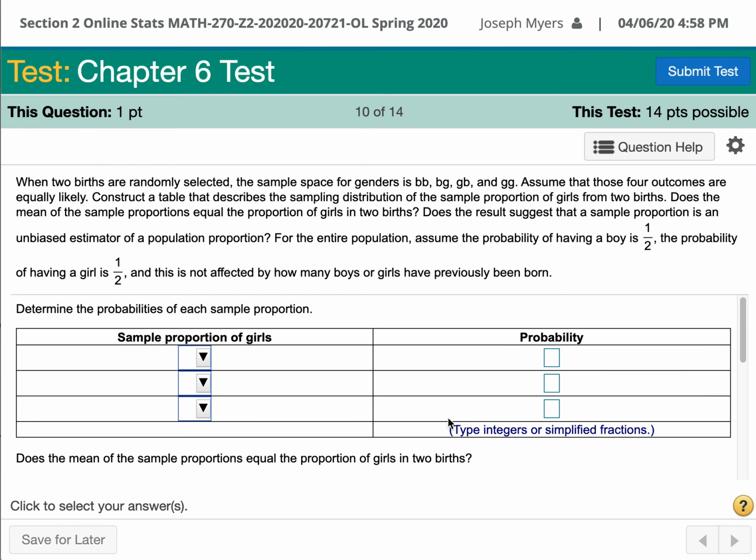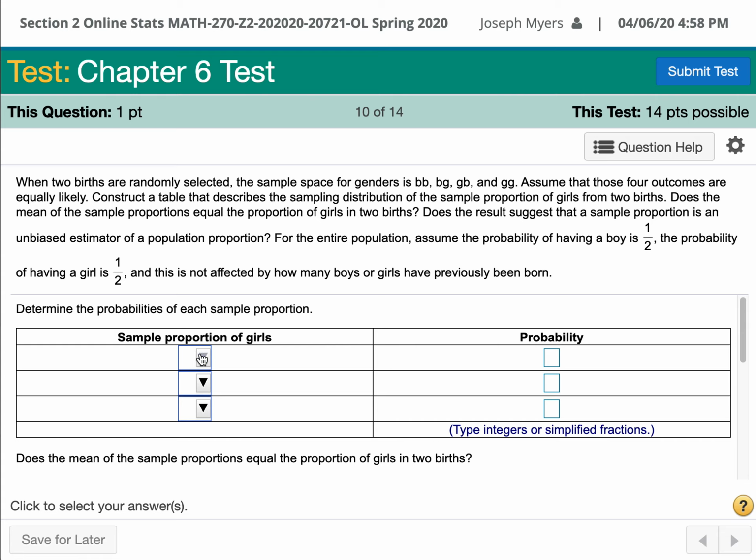Okay, when two births are randomly selected, the sample space, meaning what could happen, is a boy and a boy, boy and a girl, girl and a boy, or a girl and a girl. Assume those four outcomes are equally likely. Construct a table that describes the sampling distribution.